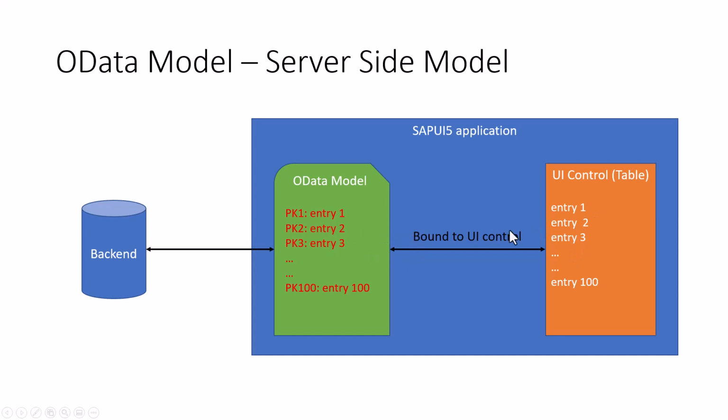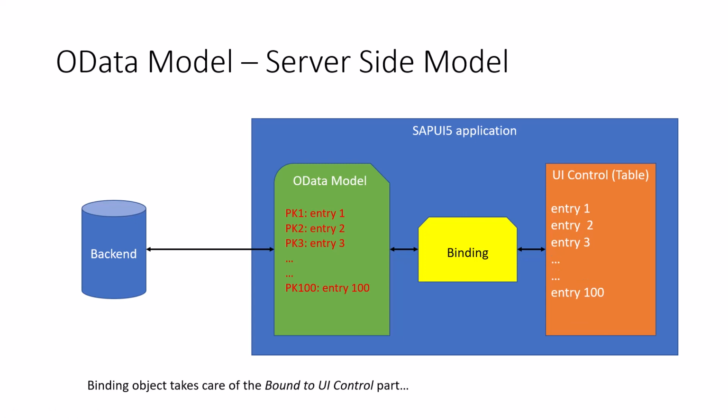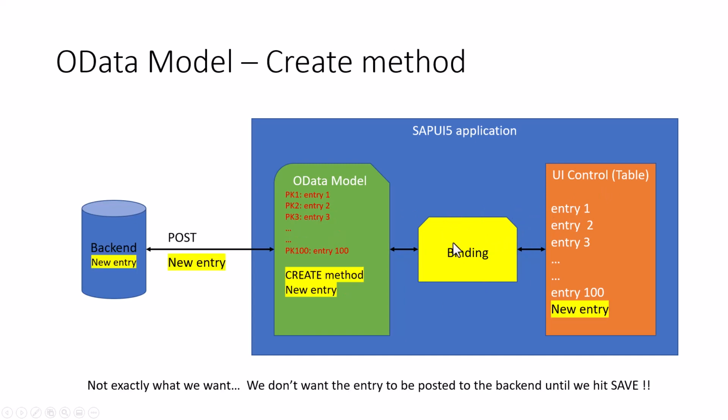Now for this binding of the OData model to the UI control, SAP UI5 has an object called the binding object. So this binding object has all the information about the binding between this OData model and this particular UI control. In this case, this is the table. So for this particular binding, this binding object has all of that information.